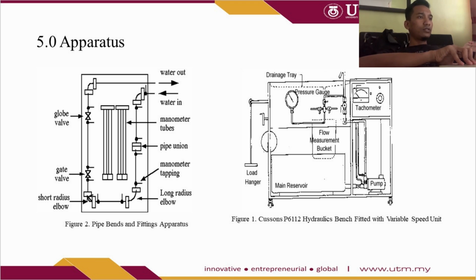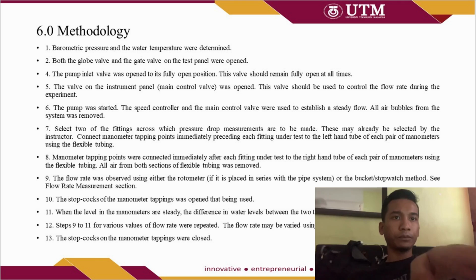In figure 2, we have the pipe bends and fittings apparatus: globe valve, gate valve, short radius elbow, long radius elbow, manometer tapping, pipe union and manometer tubes. So that is the apparatus for this experiment.